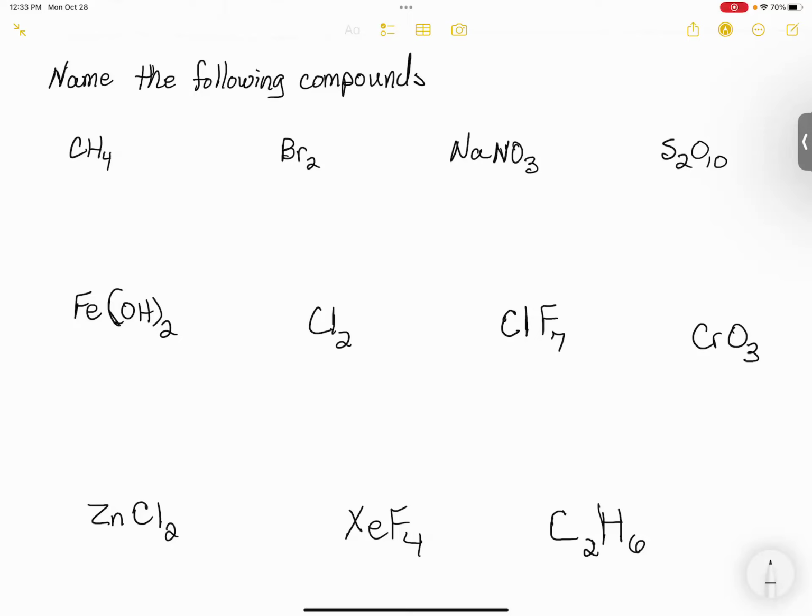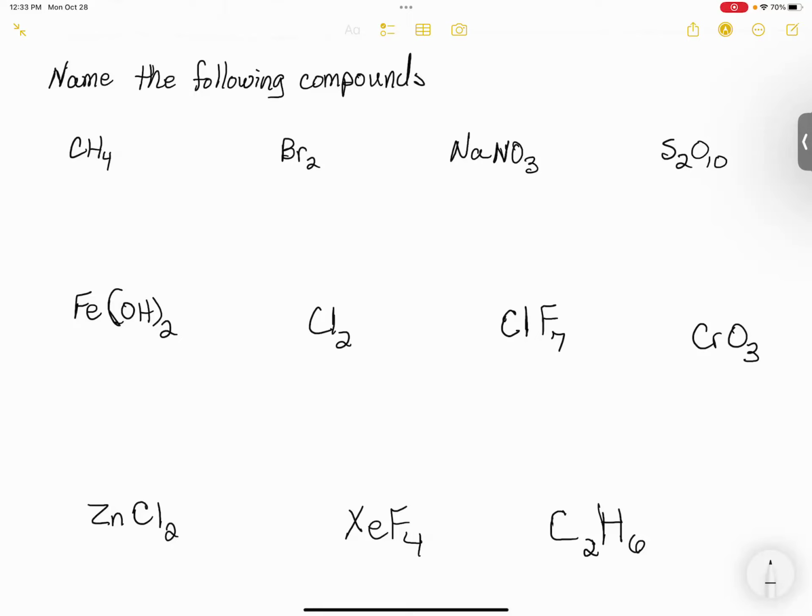The very first thing I do is I go through here and look at the first element listed. Put an M if it's a metal, put an N if it's a non-metal. That's the first thing I do.